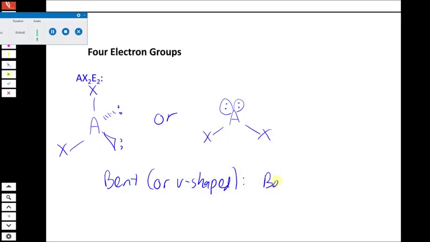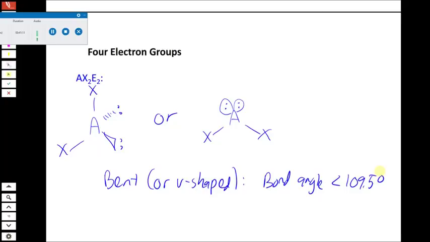The bond angle in this one, again, comes from the electron group arrangement being tetrahedral, for which the ideal angle is 109.5. The lone pairs will compress that. They'll compress it even more now because there's two of them, so it'll be something less than 109.5 degrees. So we see now already that there are two bent geometries, AX2E and AX2E2, both give you bent geometries.